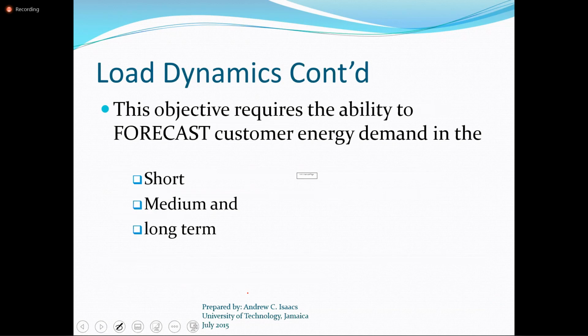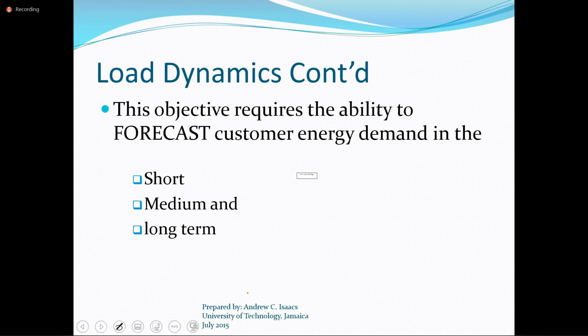So within this engineering space, and to meet the objective, it means that we'll have to do some forecasting of demand, and that forecasting will be based on short, medium, and long-term planning. So yes, there are some economics that we'll have to look at in this particular topic.